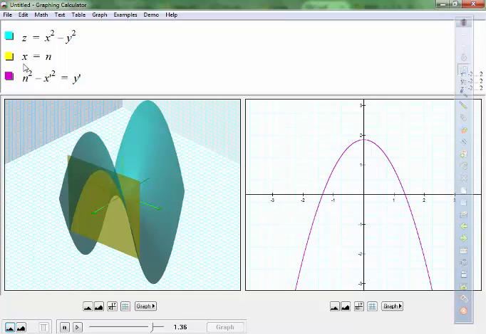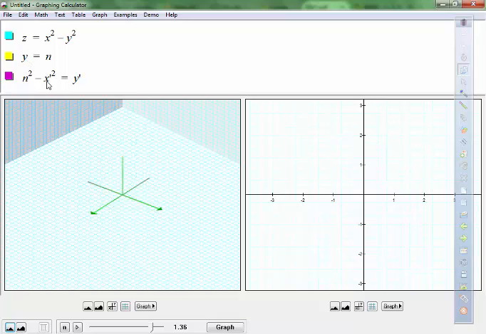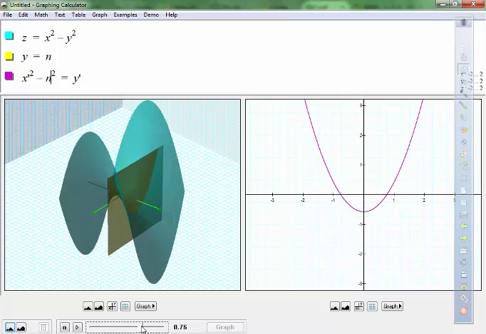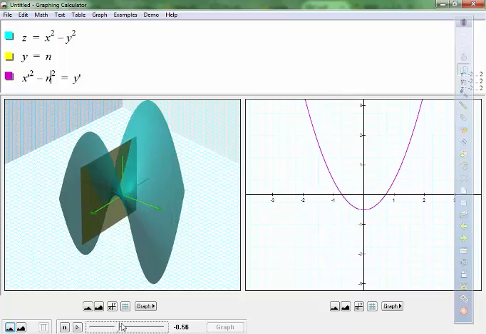And then if we change it with respect to y, and then again I have to cheat a little bit and play around with this. This time we're going to get parabolas that are pointing upward.